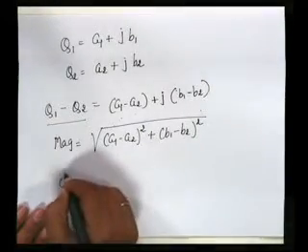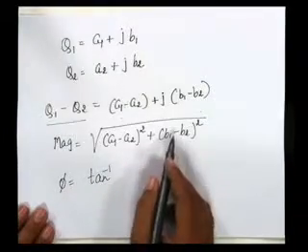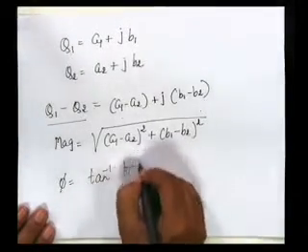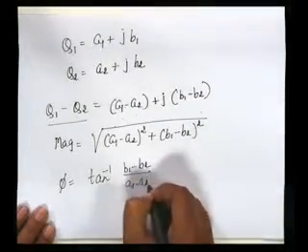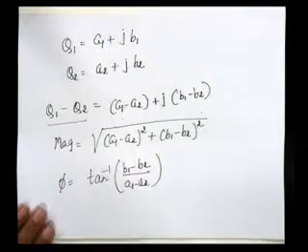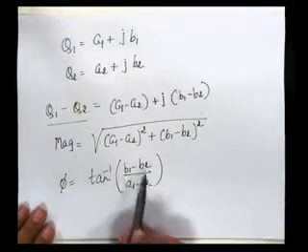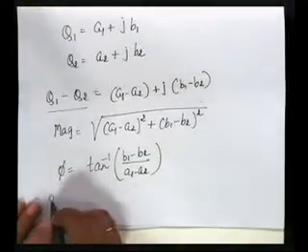And phase angle is equal to tan inverse of imaginary part by real part. So here it is B1 minus B2 and here it is A1 minus A2. So phi, the phase angle of the resultant, is equal to tan inverse of B1 minus B2 upon A1 minus A2.